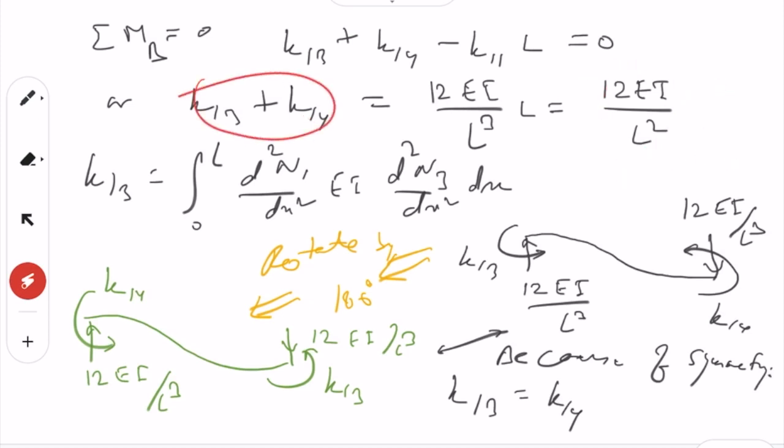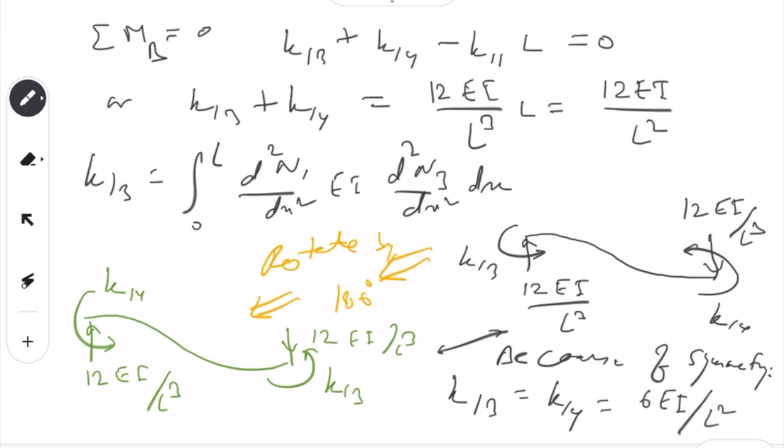What you get is 6 EI over L square. Since this is equal to this, 2 of K13 is this one, so K13 alone will be 6 EI over L square, and that's what you get.